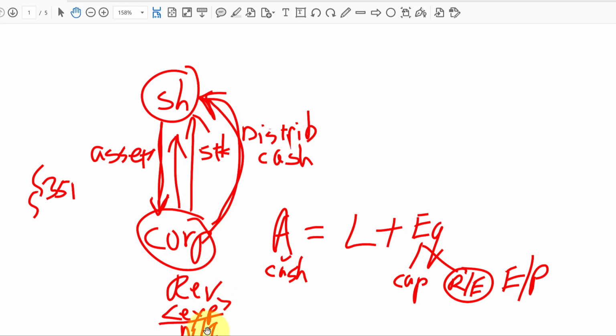So this profit that the company earns is going to be taxed to the corporation, and any excess profits that are distributed are going to be taxed again. That's what we call double taxation. So sometimes we avoid that by using not a corporation, but a partnership that we'll learn in chapter 15, or possibly a limited liability company that's going to be taxed as a partnership or sole proprietorship.